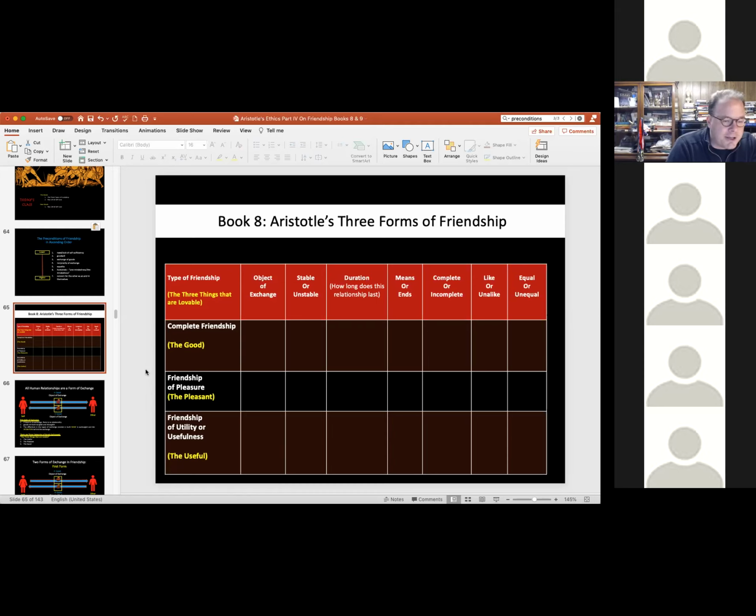So there's a hierarchy here of these three things that are lovable, where the good is at the top, the pleasant is in the middle, and the useful is at the bottom, right? And these things down here, utility, let me just mention this for a moment. Aristotle has a very specific meaning behind the concept of something being useful or having utility.